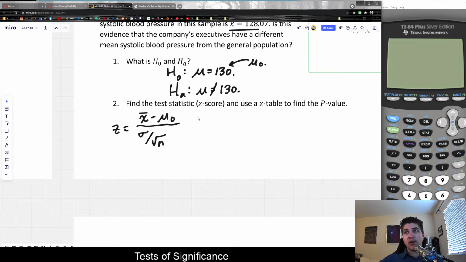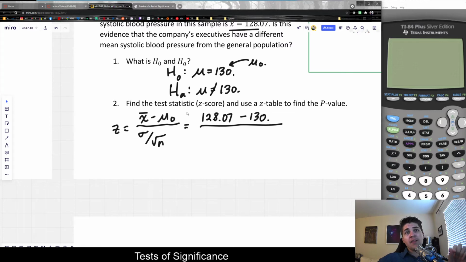We calculated a sample from 72 executives, and their mean systolic blood pressure came out to be 128.07. And that's different from the claim, right? That's what a z-score does: how far away is our data from the actual average.